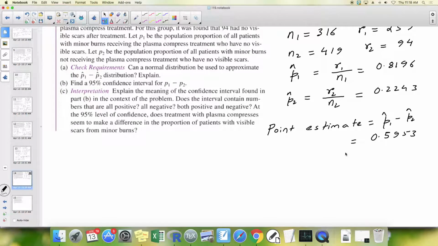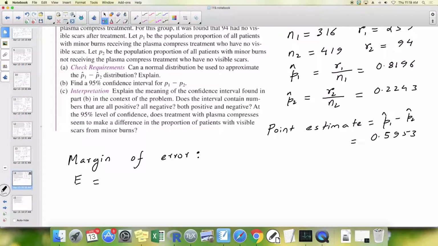Next, margin of error. So that's E equals, I need the formula.